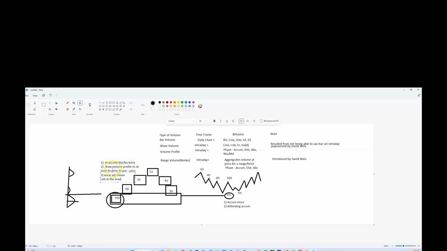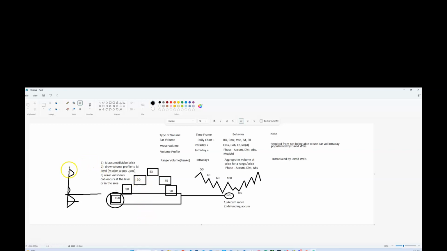Draw a volume profile to ID the level, and which level? The low volume prior to POC to the POC, like that area. And then wave volume shows a COB occurs at the level or in the area, you know, that zone, that area. It may not be exact price level, obviously, so that's what happens.